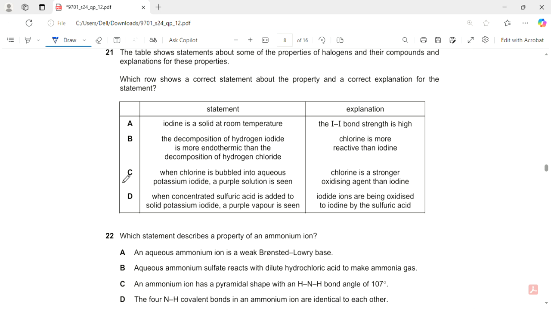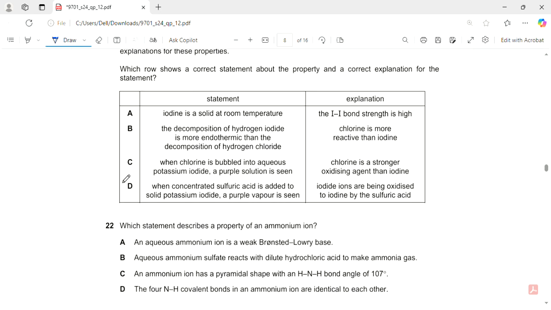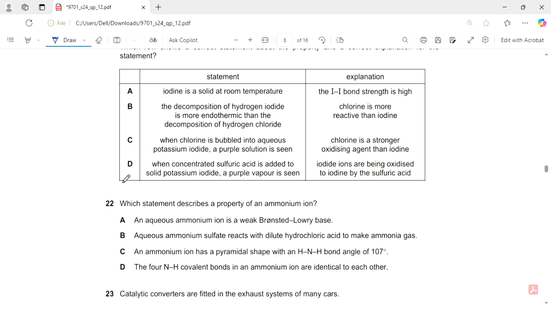When chlorine is bubbled into a gaseous potassium iodide, a purple solution is seen because chlorine is a stronger oxidizing agent. This is not the case. When concentrated sulfuric acid is added to solid potassium iodide, purple vapor is seen. Iodide ions are being oxidized to iodine. Yes, this could be the answer. D is the answer. All right.